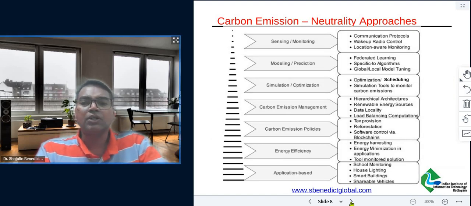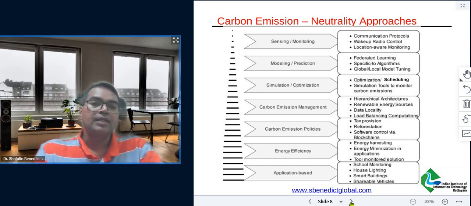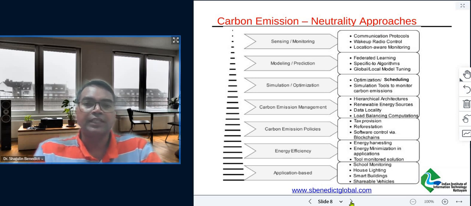So what kind of approaches are currently followed in the system? Either you provide a better sensing or monitoring mechanism or sensor enabled ecosystem. For example, you could provide a better communication protocol. Instead of utilizing Wi-Fi or a very expensive communication protocol, in some applications, if you are allowed to use LoRa kind of technology or a Zigbee based protocol, then it is better to choose such communication protocols.